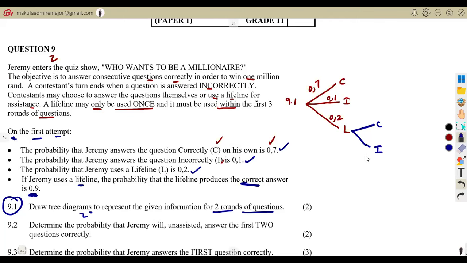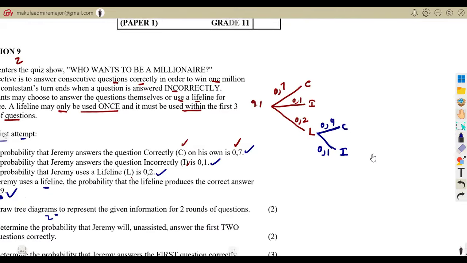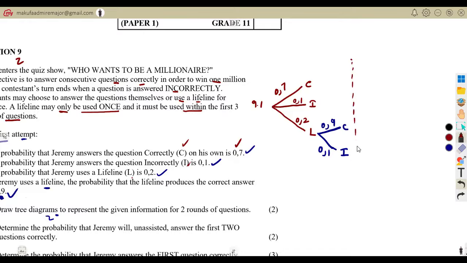Having a correct one is 0.9. What about being incorrect? Remember, the whole tree is supposed to add up to 1, so you subtract 0.9 from 1, which gives us 0.1. So that's the first tree that you're going to have.